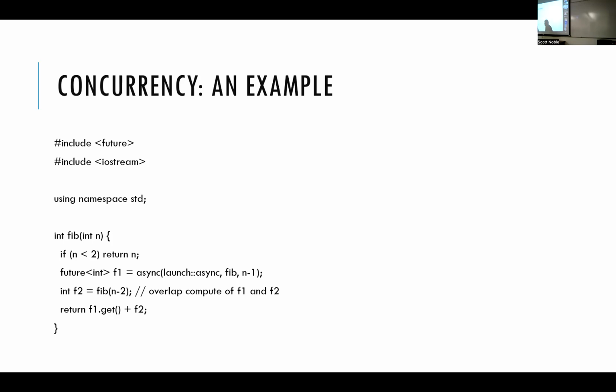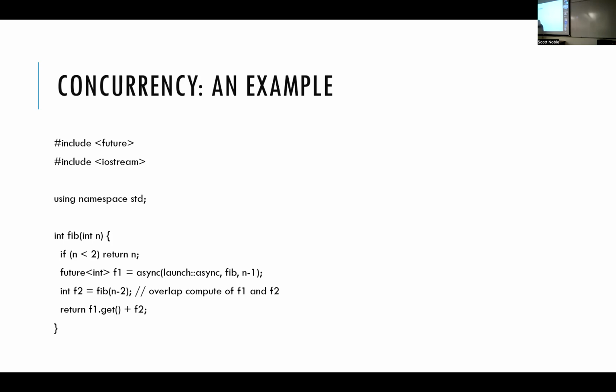But anyway, the idea is I'm going to calculate fib of n-1 and fib of n-2. I launch fib n-1 in the background using the async function. And then without using a future or an async, in the same thread, I compute fib n-2.